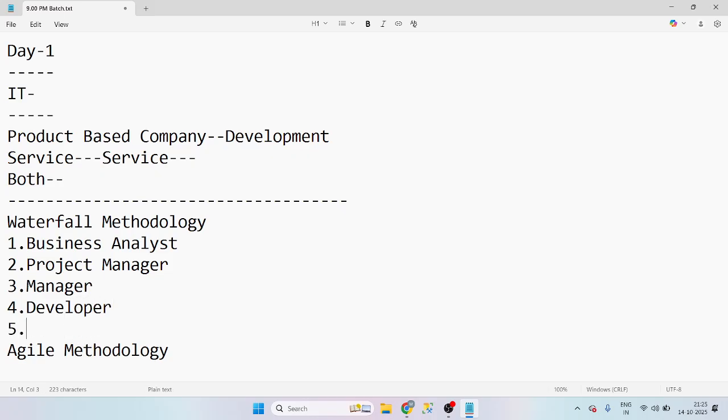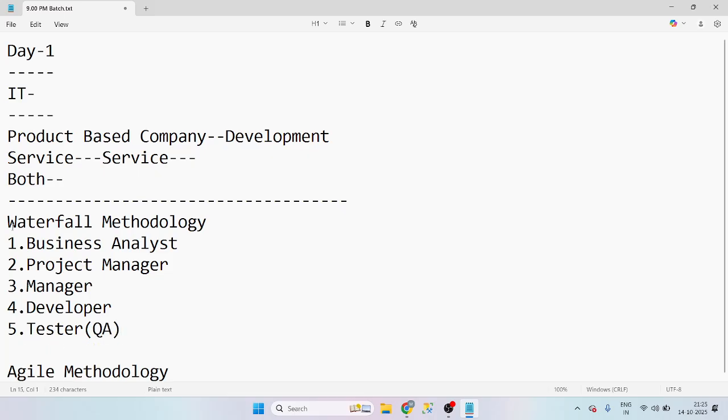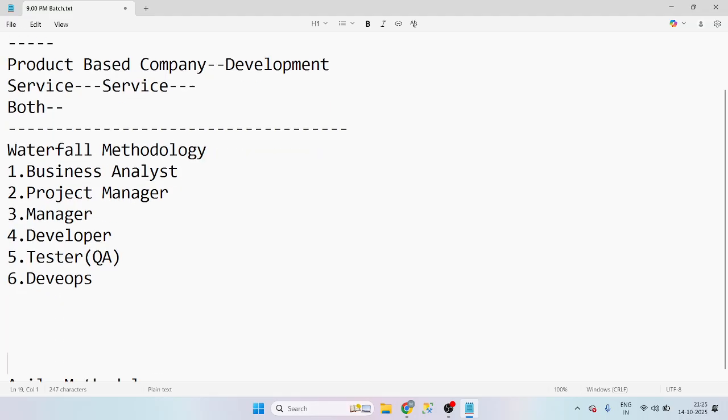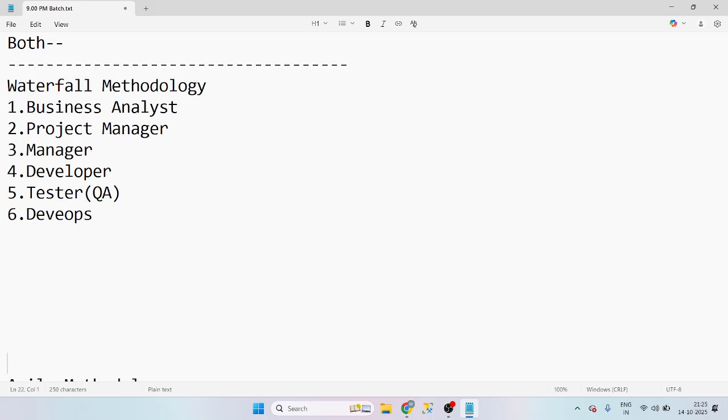The fifth is tester, or QA, we can say anything. And for deployment, we can have a DevOps team as well. In some cases we have DevOps, in some cases we don't. These are the roles we have in Waterfall methodology. Scrum Master is not there.